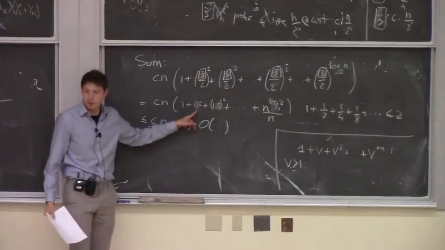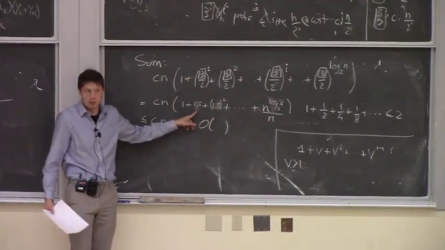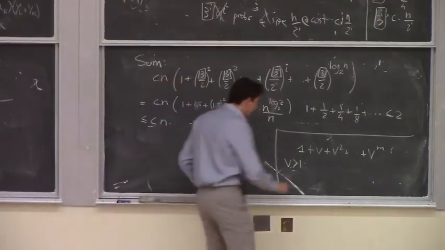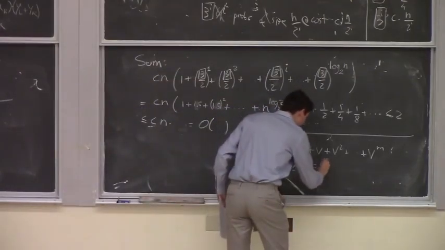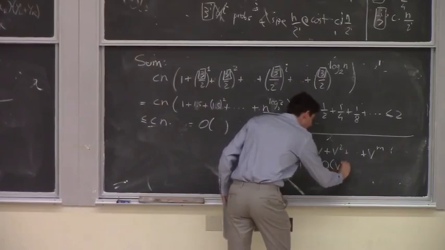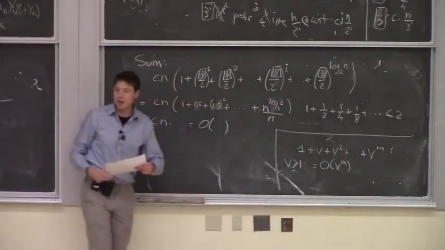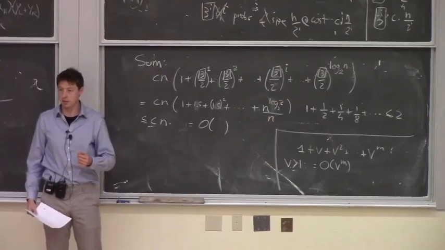Notice that the value that we're summing up is 1.5, right? It's bigger than 1. Then this entire expression is big O of v to the m. Namely, the last term dominates.